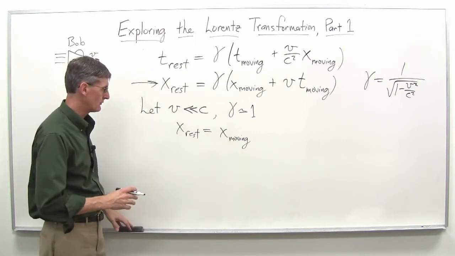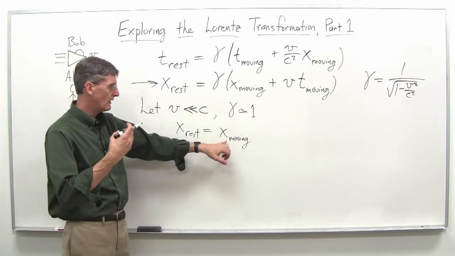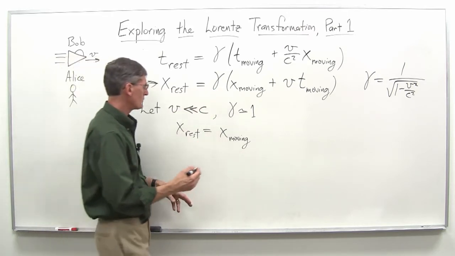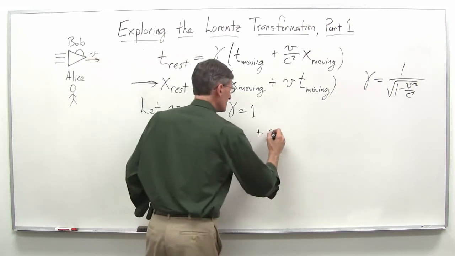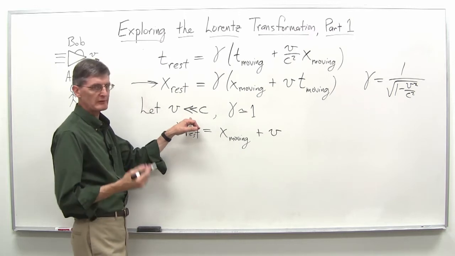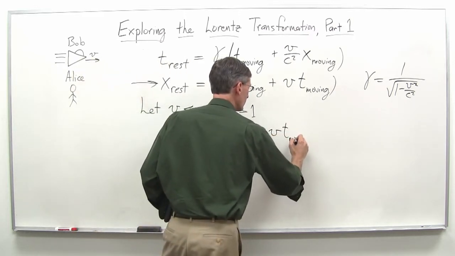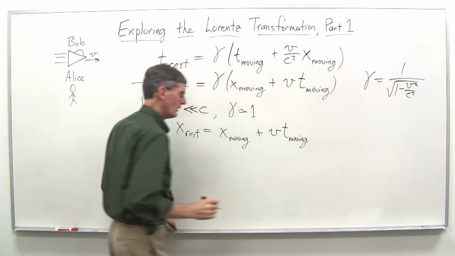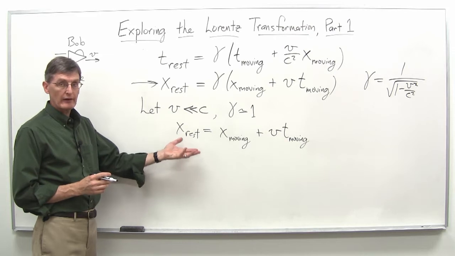So just fix that in your mind, and don't get confused about that. So x rest equals x moving plus a velocity, which is going to be non-zero, much less than c but still non-zero, times t in the moving frame, in other words on one of Bob's clocks in the moving frame. Well, what does this remind ourselves of?